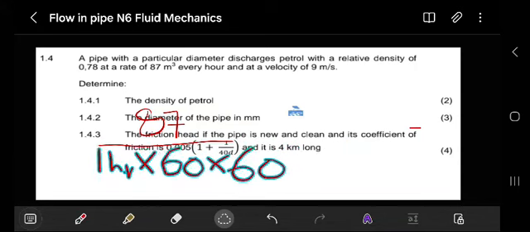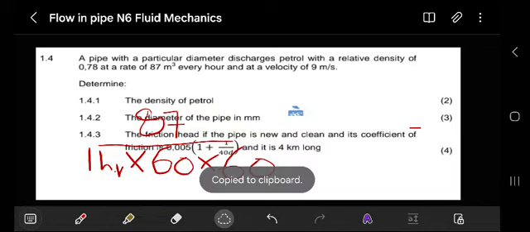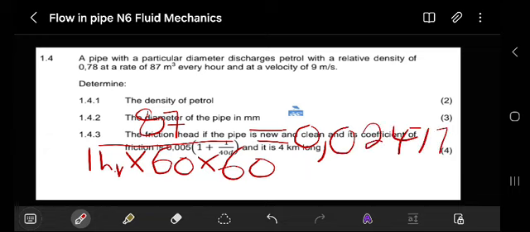This is how we convert. When you punch it on your calculator, Q will be 0.02417 cubic meters per second.